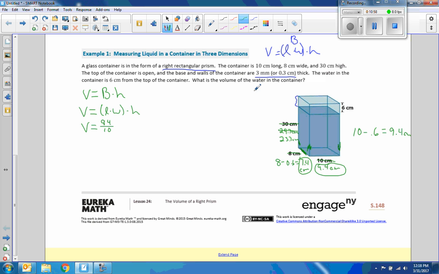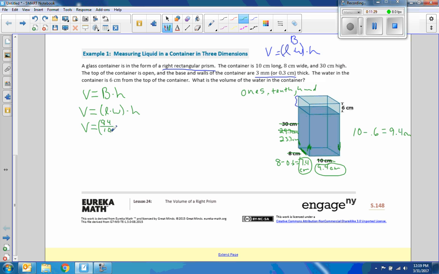You have ones, and then you have a decimal, and then you have tenths, and then hundredths, and so on, your placement after the decimal. Well, if we have 4 tenths and 9 whole, 9 ones is 90 tenths, so I have 94 tenths, or 9.4. So that's how I'm getting rid of that decimal. So 94 tenths is my length.